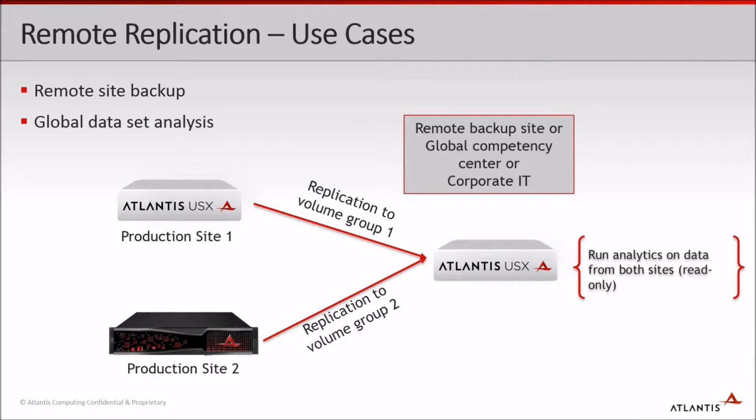And one of the really neat things with asynchronous replication is you can now replicate from any storage device to any other storage device. For example, let's say you have EMC in your primary data center and NetApp in your secondary data center.